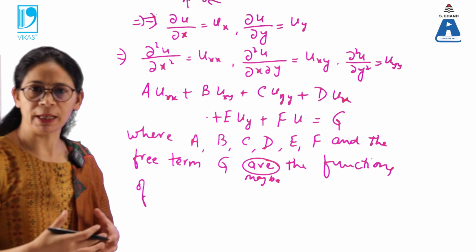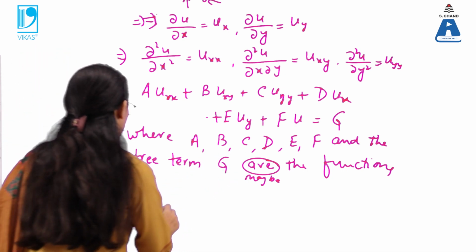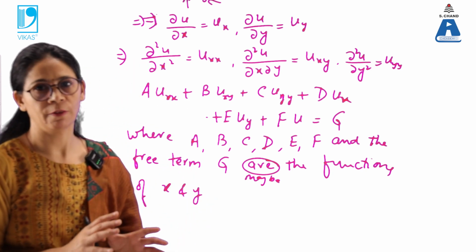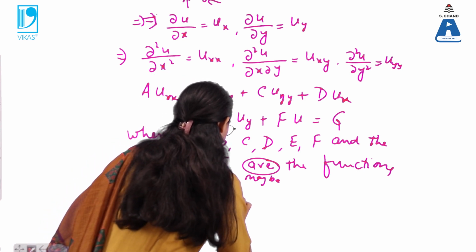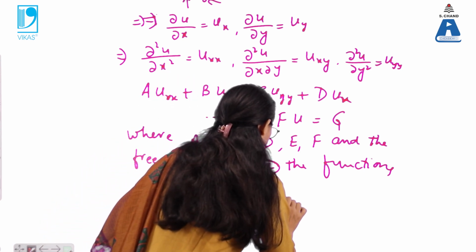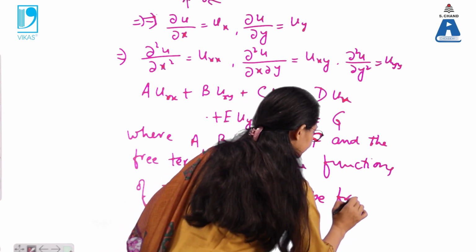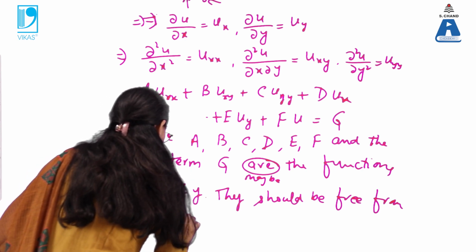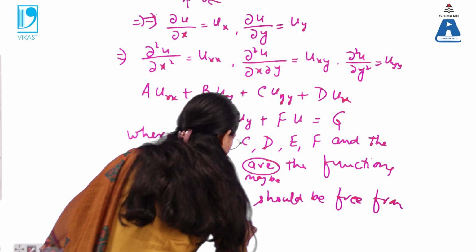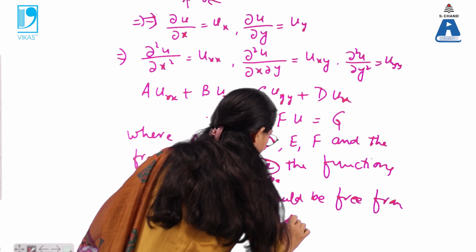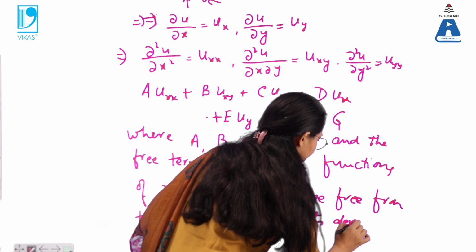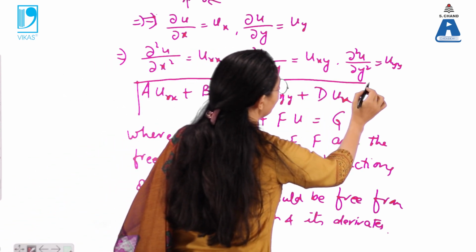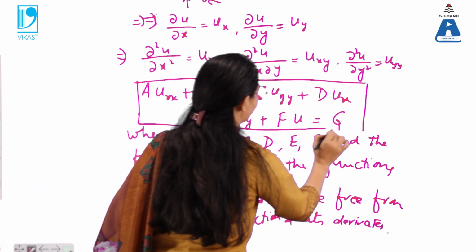Since we have taken independent variables as x and y, they may be functions of x and y, but they need to be free from u and its derivatives. We have to be very sure that they should be free from the unknown function and its derivatives. So, this is the general form of the second order linear partial differential equation.